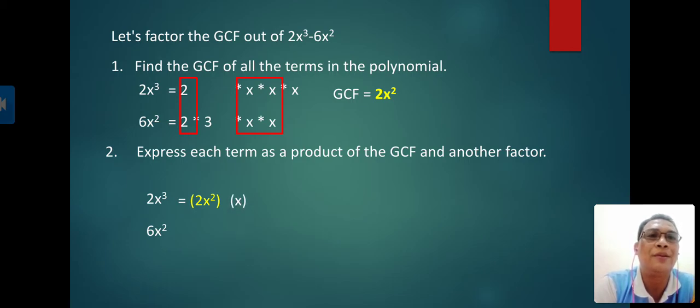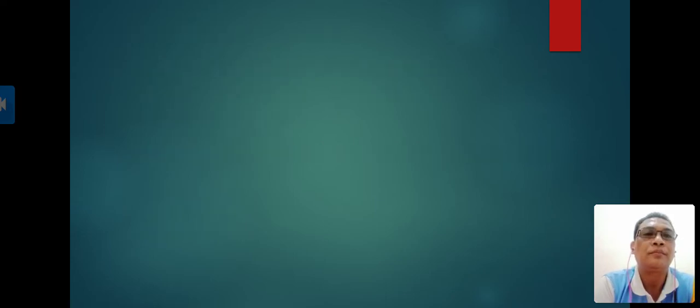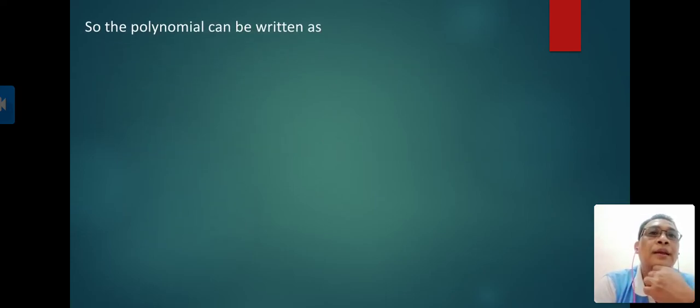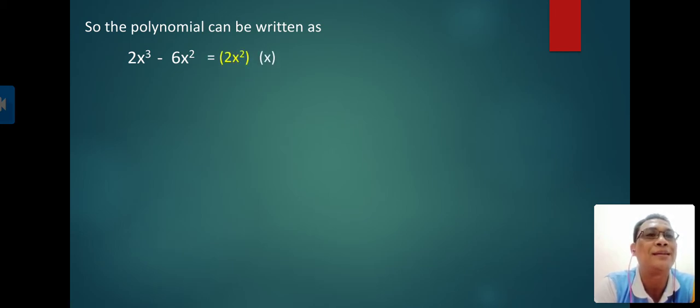Now for 6x squared, we have 2x squared multiplied by 3, so the other factor is 3. So the polynomial can be written as 2x cubed minus 6x squared equals 2x squared multiplied by x minus 2x squared multiplied by 3.